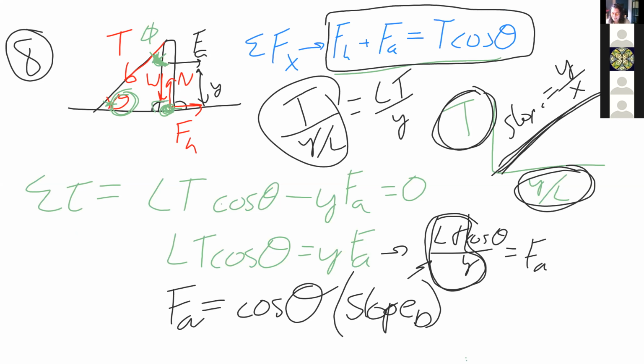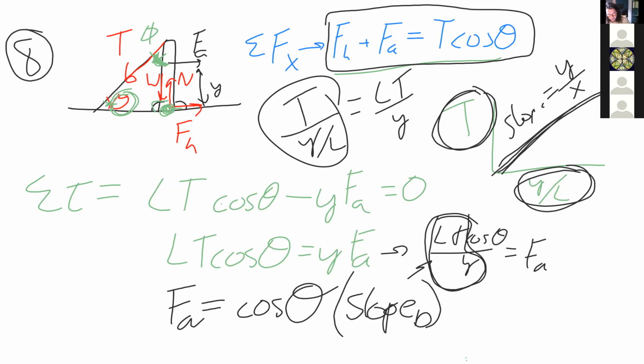So the actual force that I'm given is the tension, and that is the only number I think that I'm given in the problem, aside from the slopes. But where else does LT on cosine?